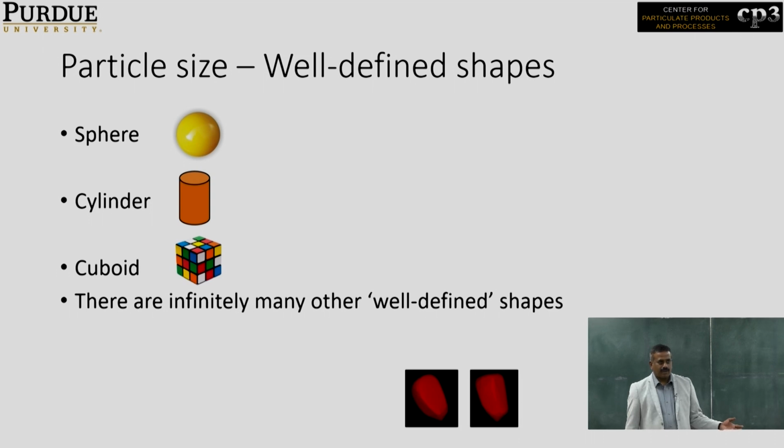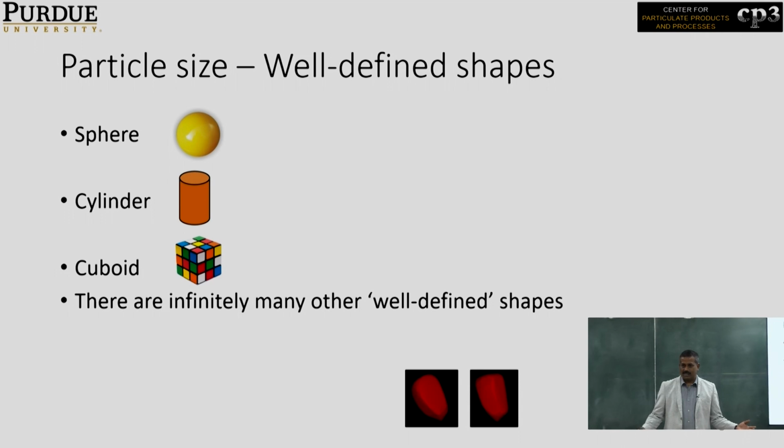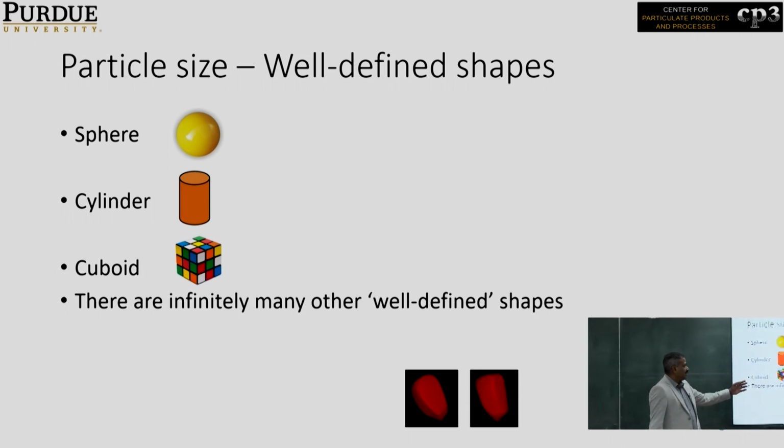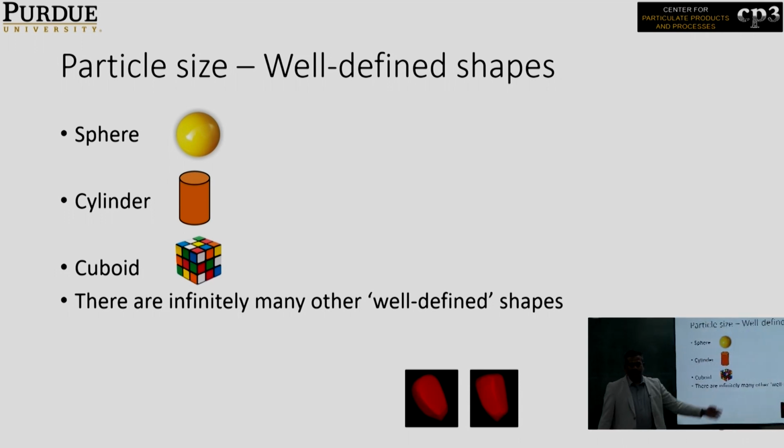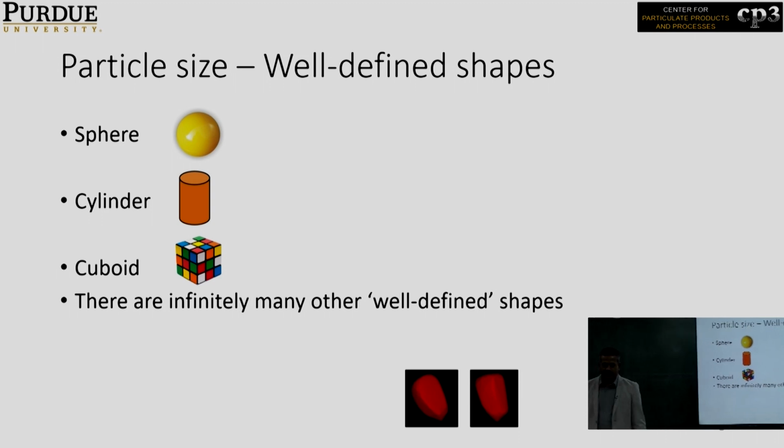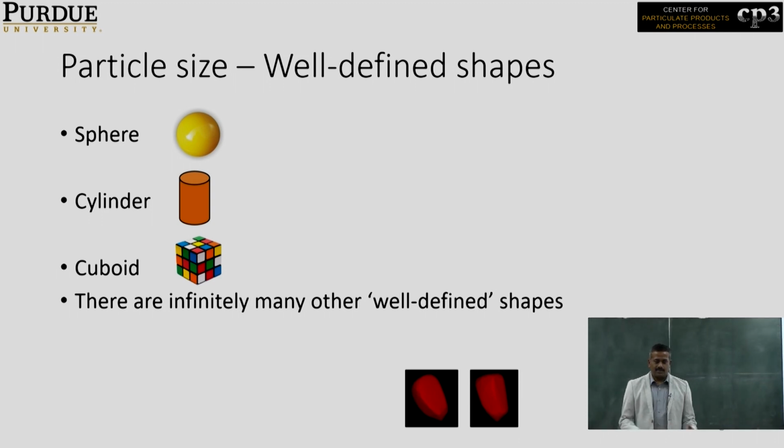For a spherical particle, if you know the radius, then you know the sphere. If it's a cylinder, maybe you need two dimensions, the length and the radius. So you have the cylinder dimensions, a very uniform, regular particle. Cuboid, if you know the side length, then you know the size of the material.